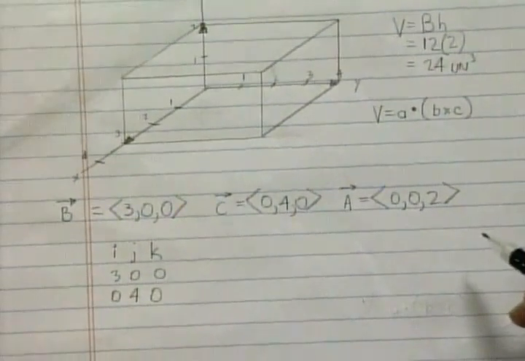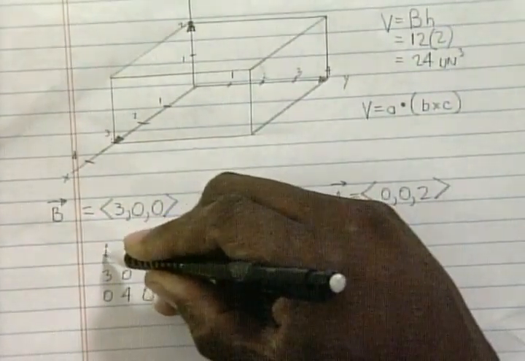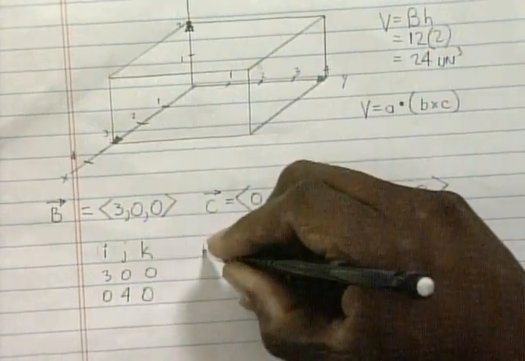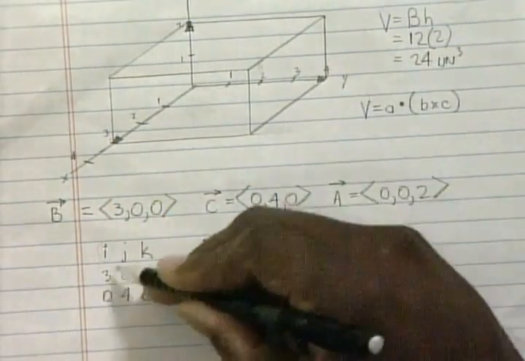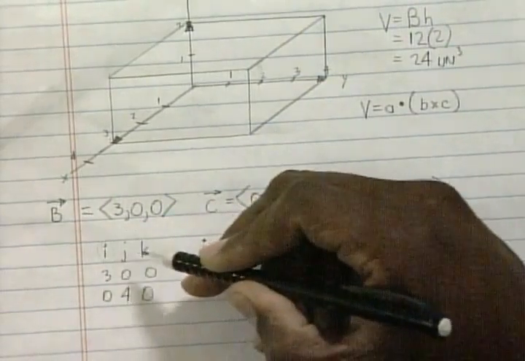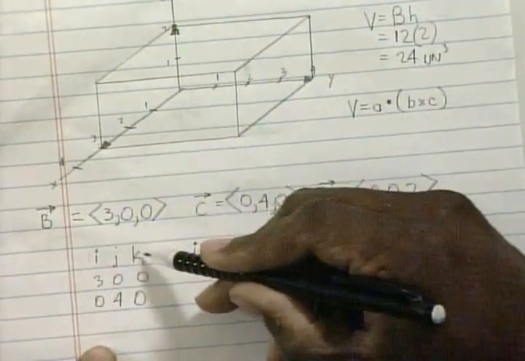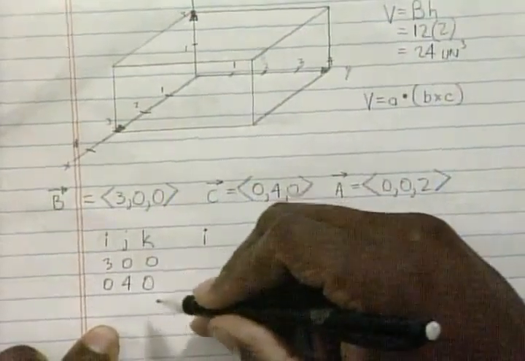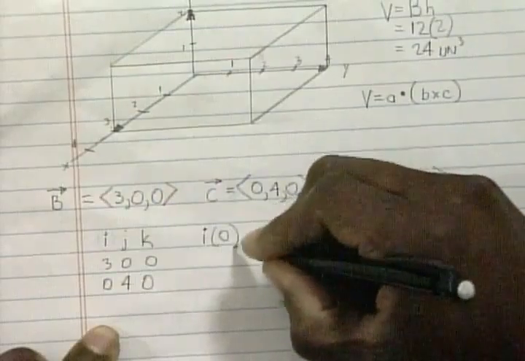One way to take a cross product is to take this position here, i, and find the determinant of this submatrix. If you cross out this row where i is located and find the determinant of the submatrix, hopefully you can see that this would be 0 minus 0, which is just 0.